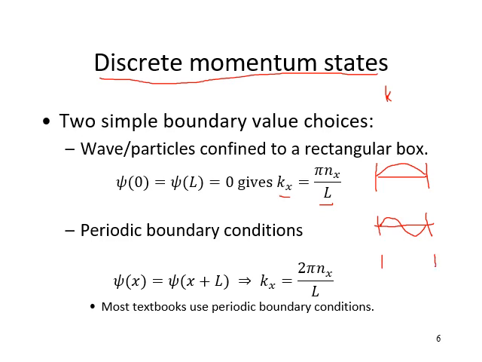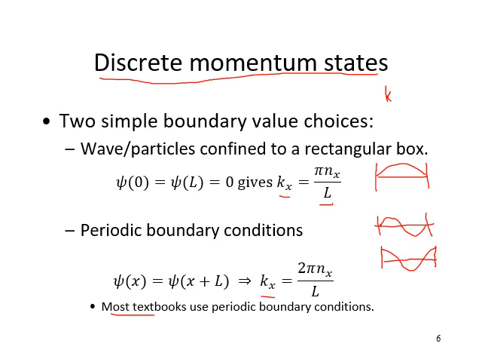And so I could have a situation where it looks like this. So this would not be a well. If I start with a maximum here, then I've got to return to the maximum on the other side. And what that particular choice of boundary condition demands is that the wave vector in that direction has to be 2 pi times an integer over L. Most textbooks in this section of the course, once we've gotten away from an actual well, use periodic boundary conditions.